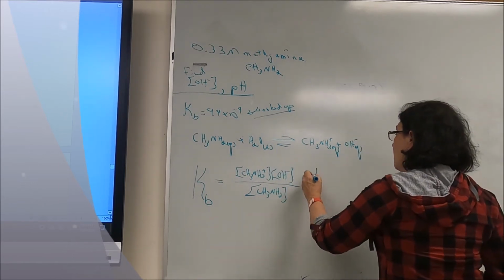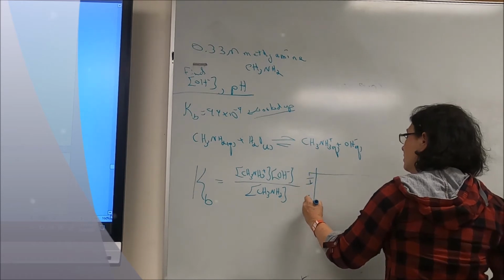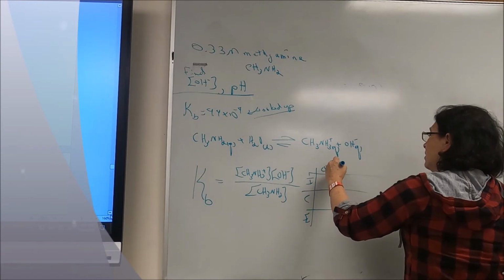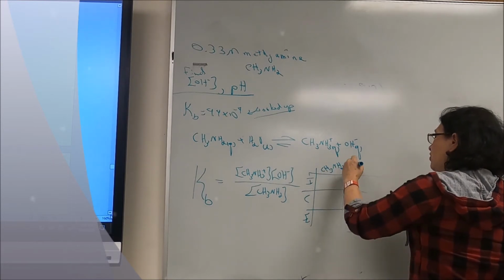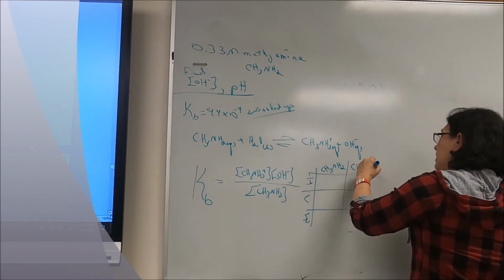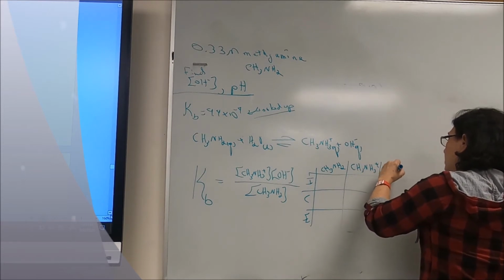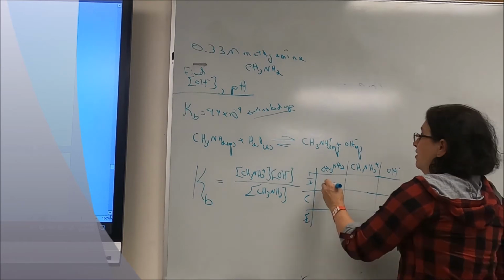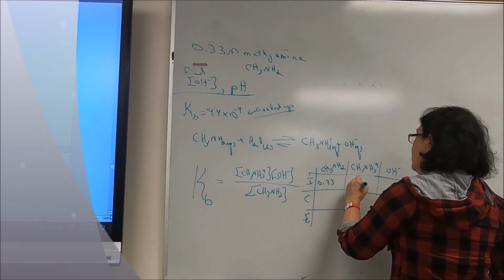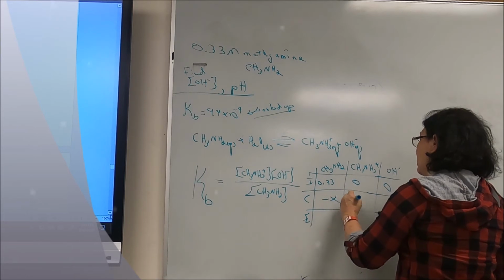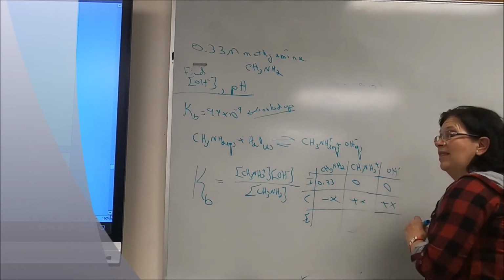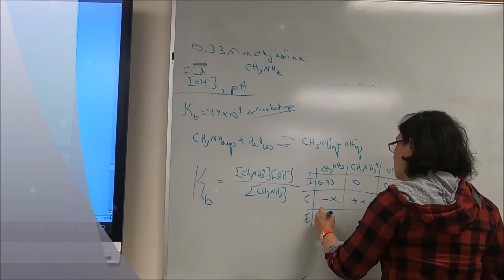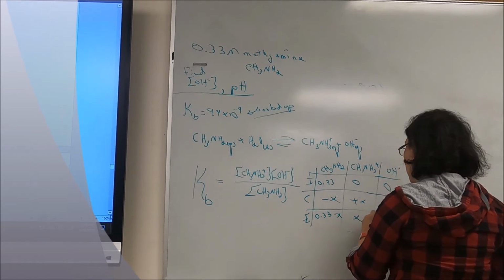Okay. We do our ICE chart. CH3NH2, CH3NH3 plus, OH minus. This is 0.33, this is 0, minus x, plus x, plus x. Notice these ICE charts start to get very repetitive in the acid-base chapter. So 0.33 minus x, x and x.